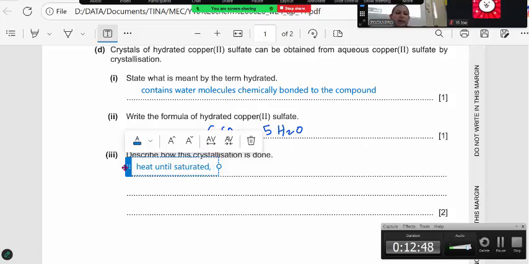Okay, and then what do you do? Cool to evaporate. Okay, and then dry the crystals between filter paper.